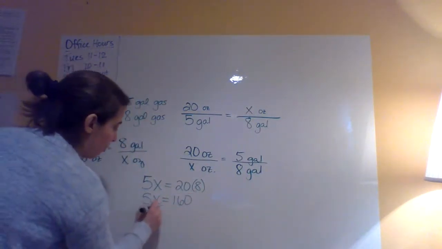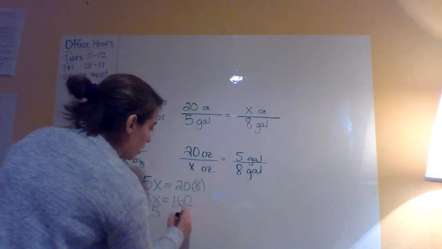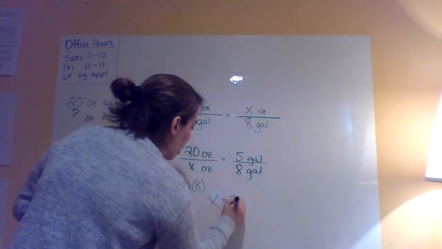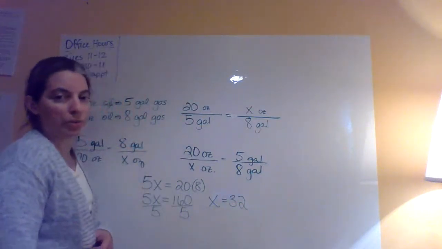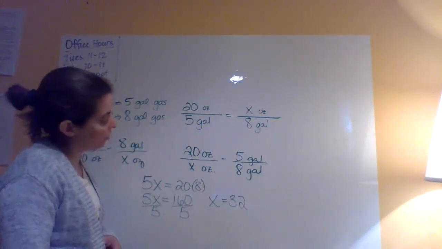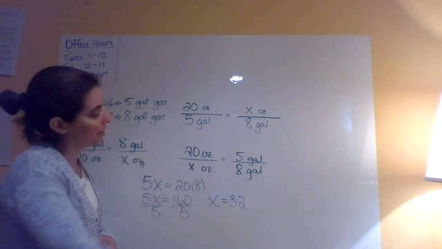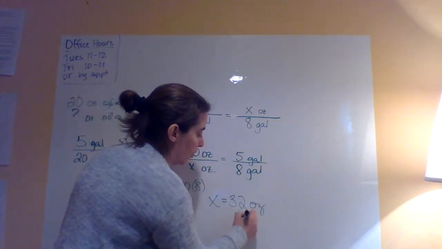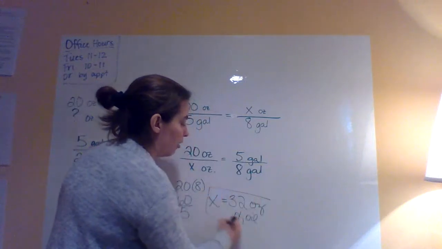Divide by 5. X is going to equal 32, but I don't want just an answer of 32. I want an answer of 32 ounces, or even better, 32 ounces of oil.